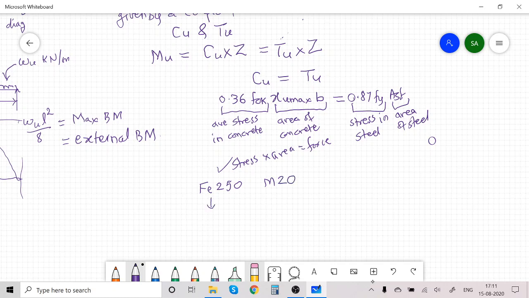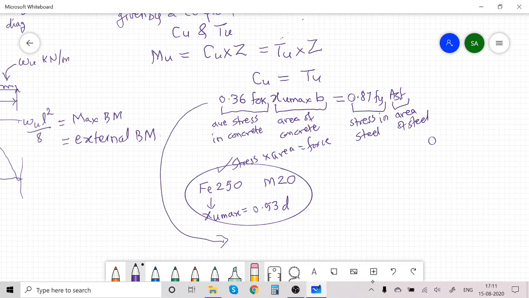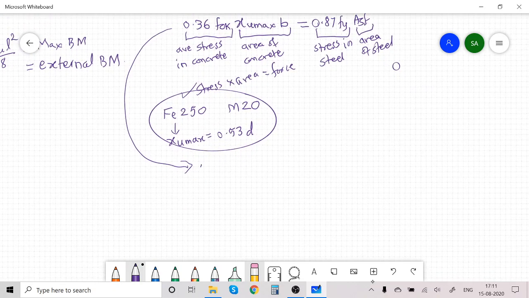For Fe250, we know that XU max is equal to 0.53 D. Now I will substitute all these values in this equation. 0.36 FCK, where for M20 FCK is 20, and Fy is 250 for Fe250.